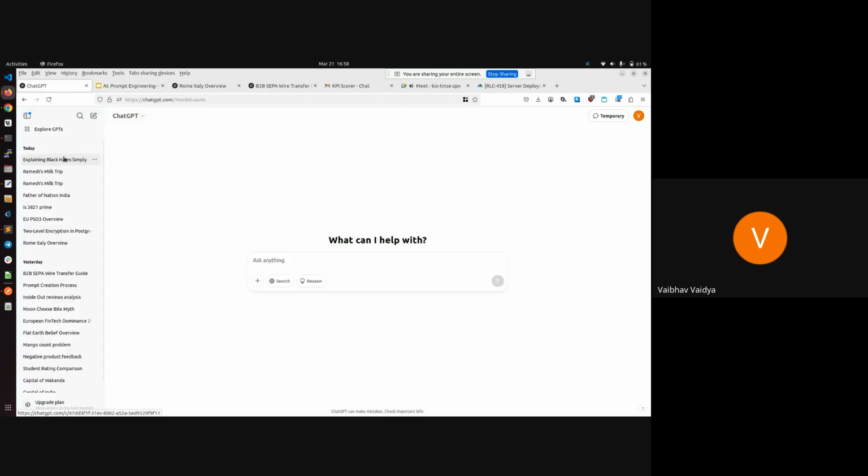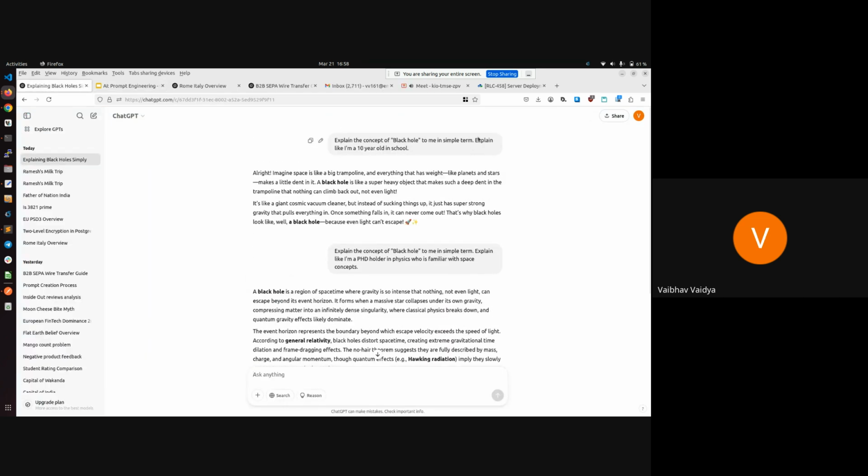One extra bit: for interactive interaction, you can also customize the explanation. For example, I asked it to explain the concept of black hole in simple terms, as if I'm a 10-year-old in school, and the explanation it gave was quite legit, like a trampoline where everything has a weight.